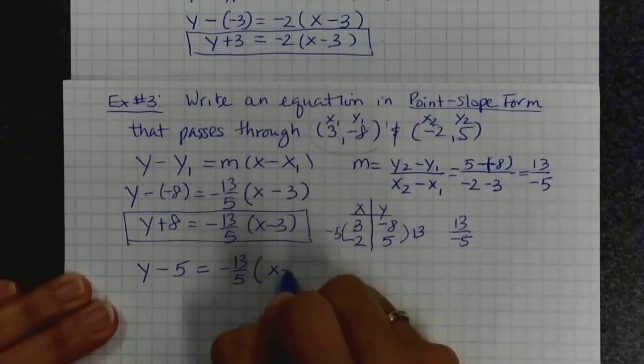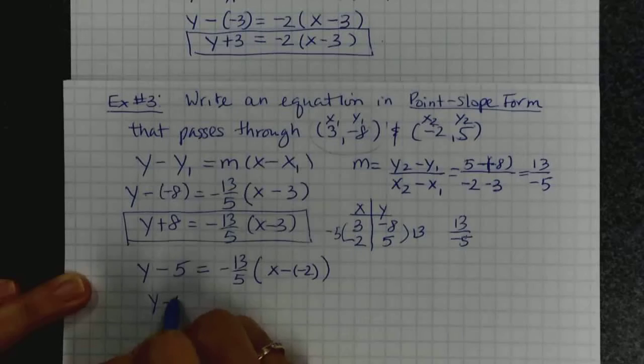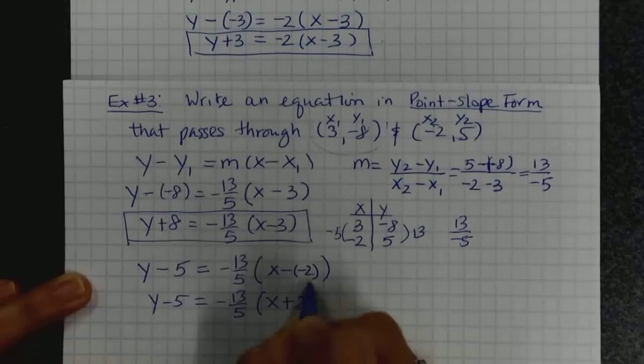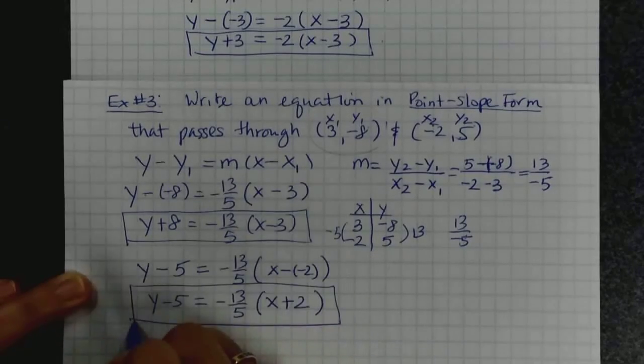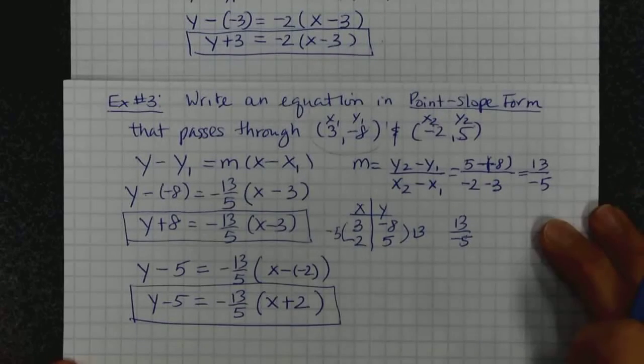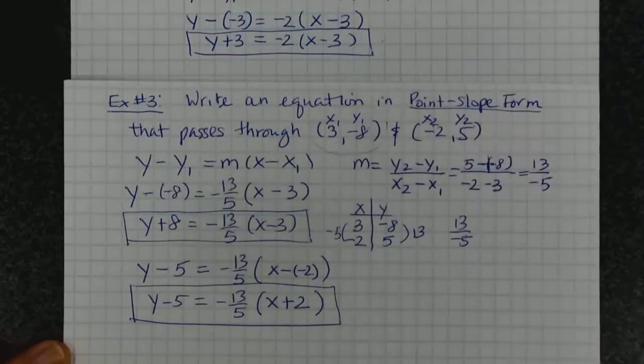And this time x1 is negative, so x minus a -2. So y minus 5 equals -13 over 5 times the quantity x plus 2, because minus a negative becomes a plus. So either one of these answers is correct. So you have choices when you are asked to write an equation in point-slope form if 2 points are given.